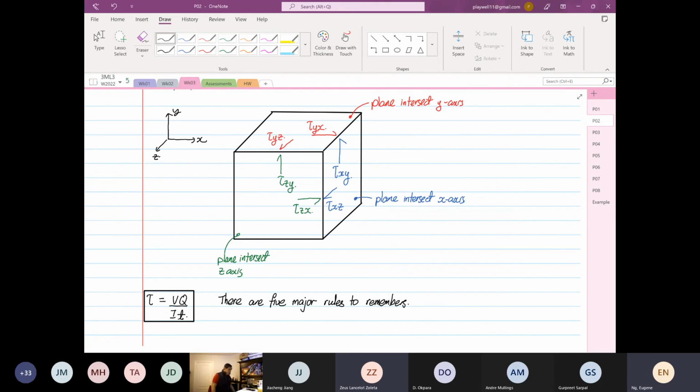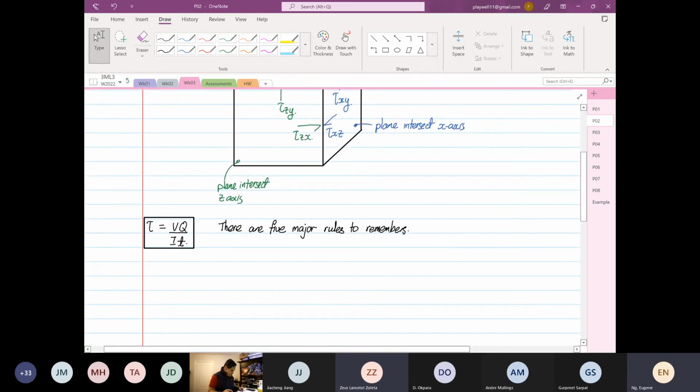You'll get so confused. Before I started teaching this class, without the rules, I couldn't do it at all. So let's look at rule number 1. Now you don't get this from the textbook. When you read your textbook, you get no rules at all.